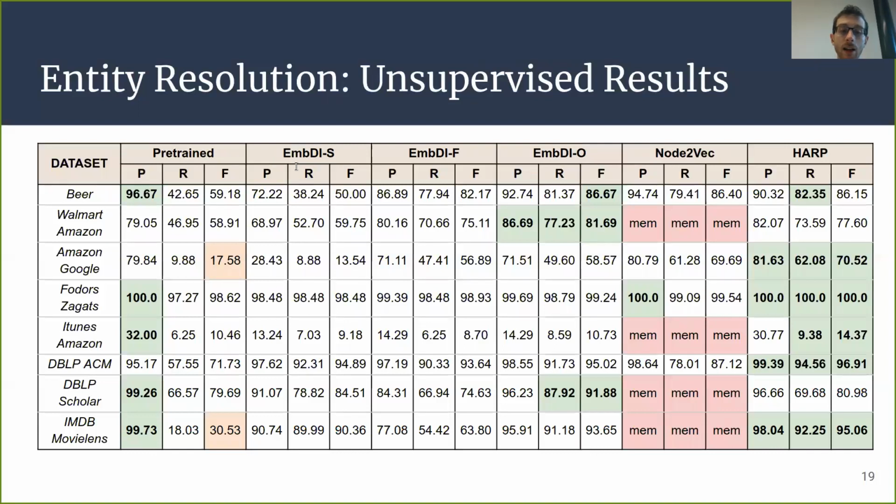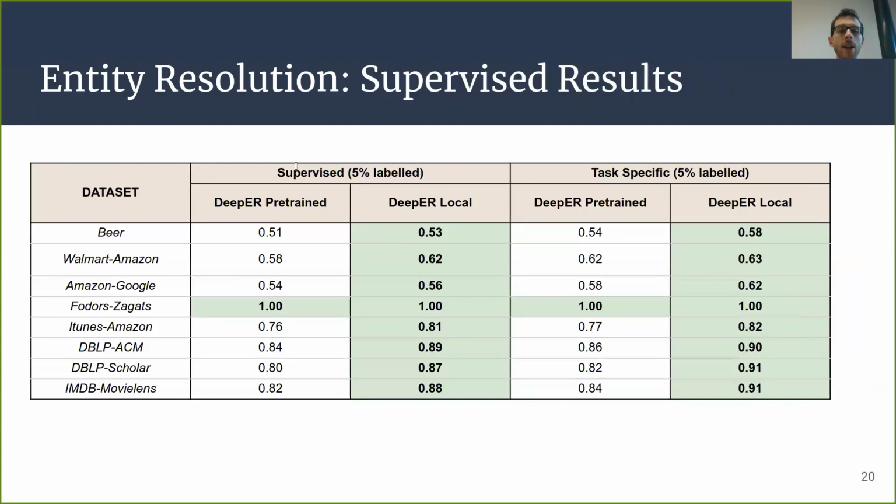I highlighted the largest difference between pre-trained and local embeddings to show the advantage yielded by using local embeddings for data integration. For the supervised case, we conducted the experiment by using DeepER, which is an existing supervised system for entity resolution, using both pre-trained and local embeddings. It is again possible to see how local embeddings always outperform pre-trained embeddings in the entity resolution task.